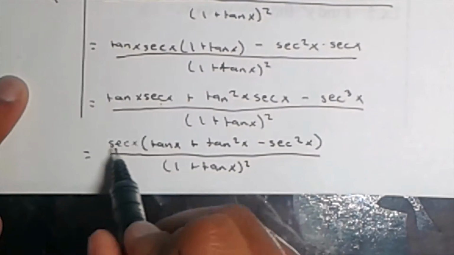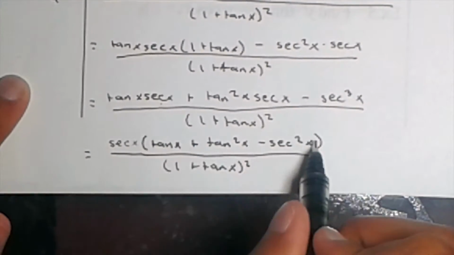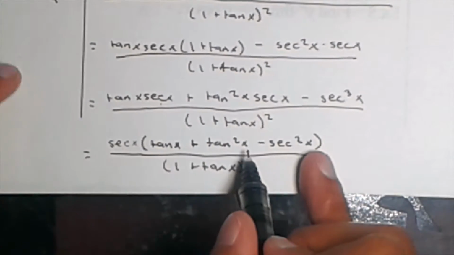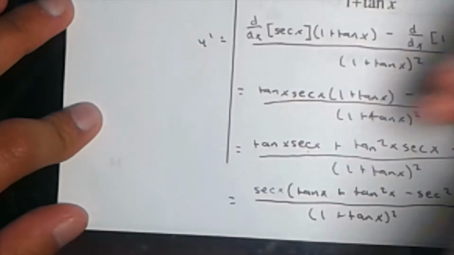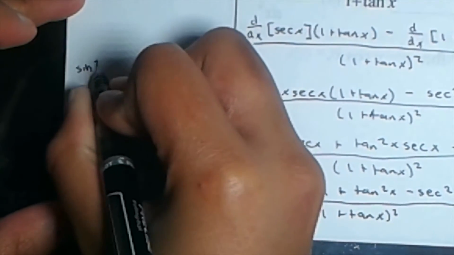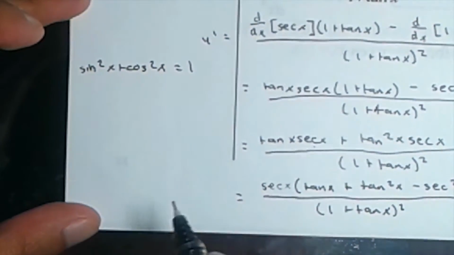So after you look at this, you can see that there's an identity in here for tangent squared x minus secant squared x. It relates to the sine squared x plus cosine squared x equals 1 identity.